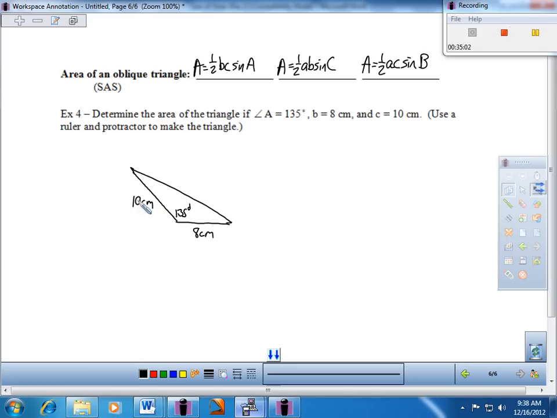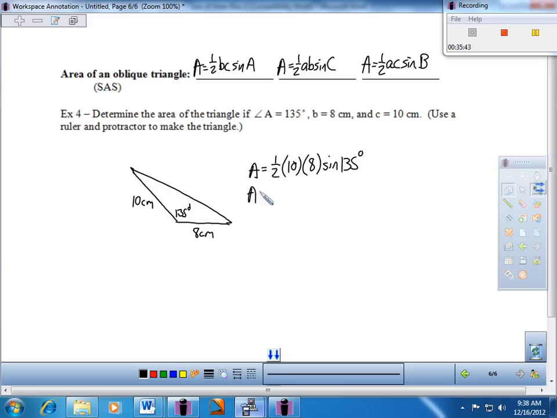And as you can see, it just uses the sine ratio here. Keep it nice and simple. Once you have this, don't overthink this at all. It's just 1/2 times the two sides and times the sine of the angle measurement. Now we actually know exactly what sine of 135 degrees is, by the way, root 2 over 2. But you don't have to worry about that.